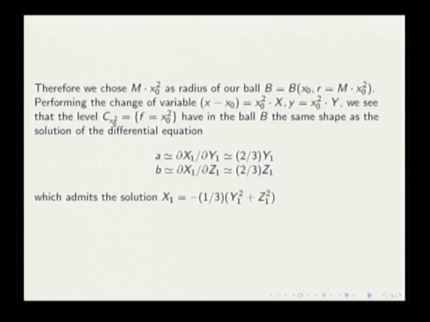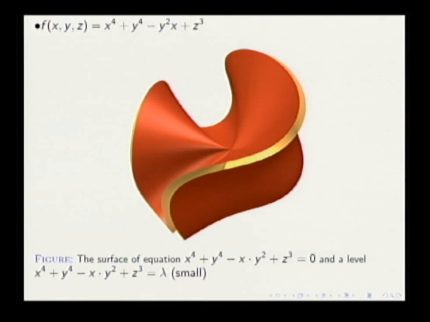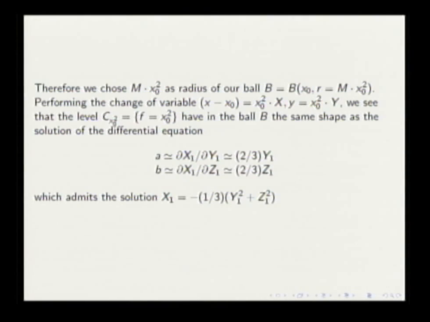That is, you will get a solution which is a paraboloid of revolution, which is this limit shape you get by zooming at the scale which is given, just choosing this coefficient here. And it's obtained by looking at the Newton length polygon.